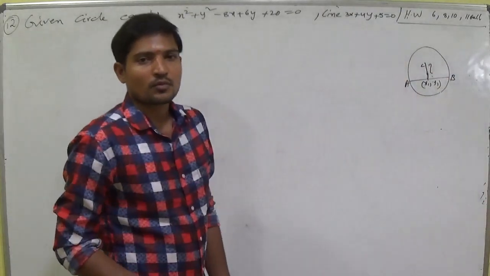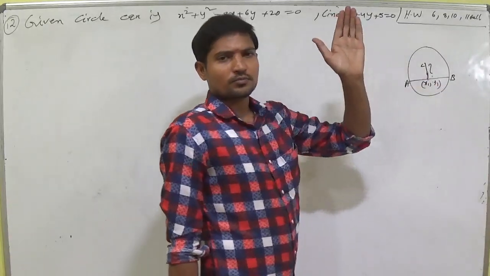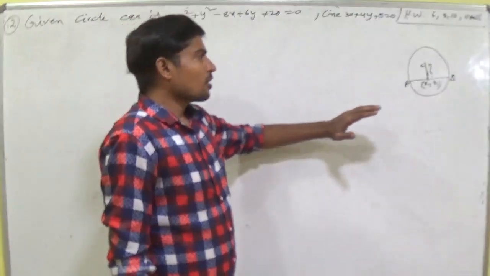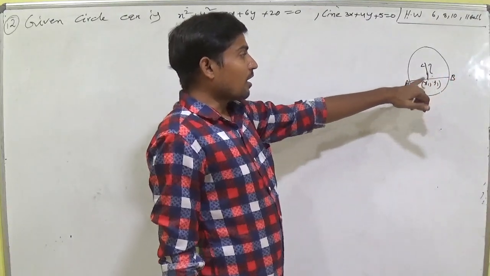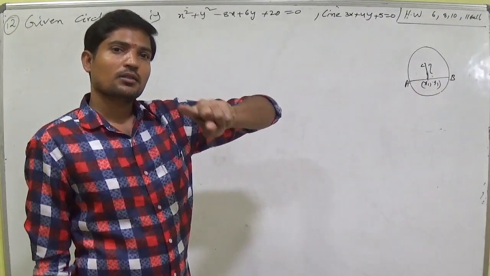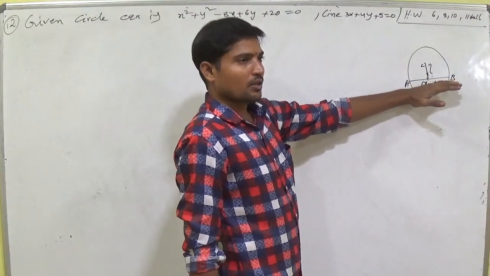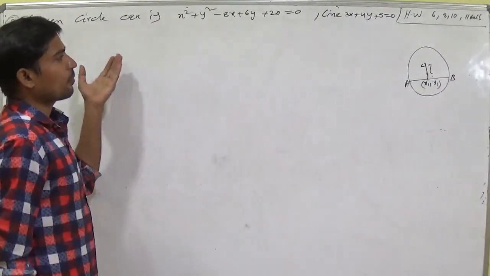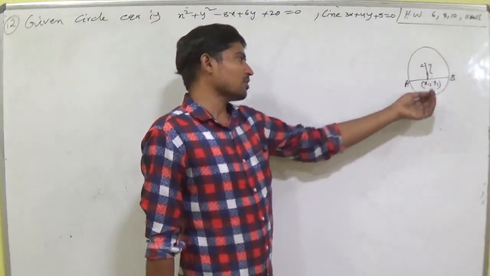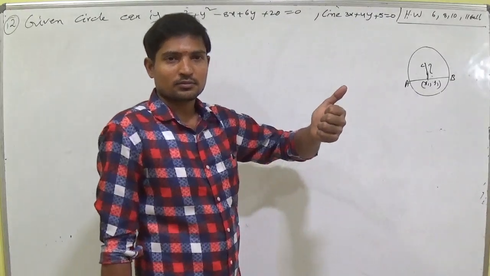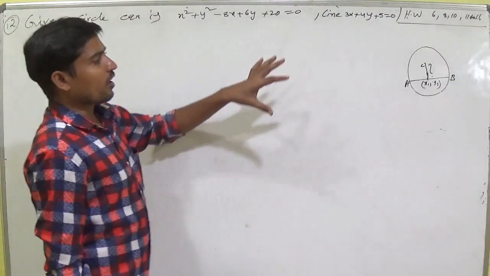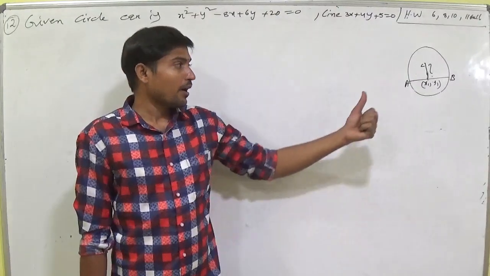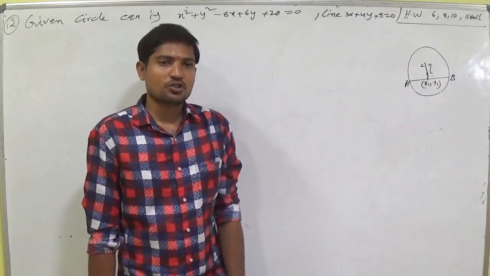The line from the center to the midpoint, that midpoint equation of the chord, and the given line 3x plus 4y plus 5 equal to 0 are perpendicular to each other, since the chords are parallel to the given line.